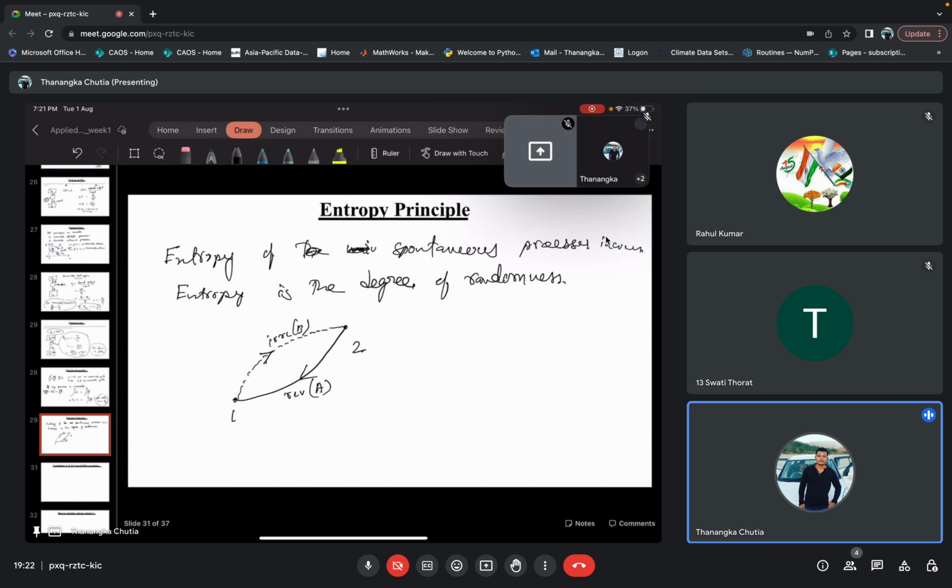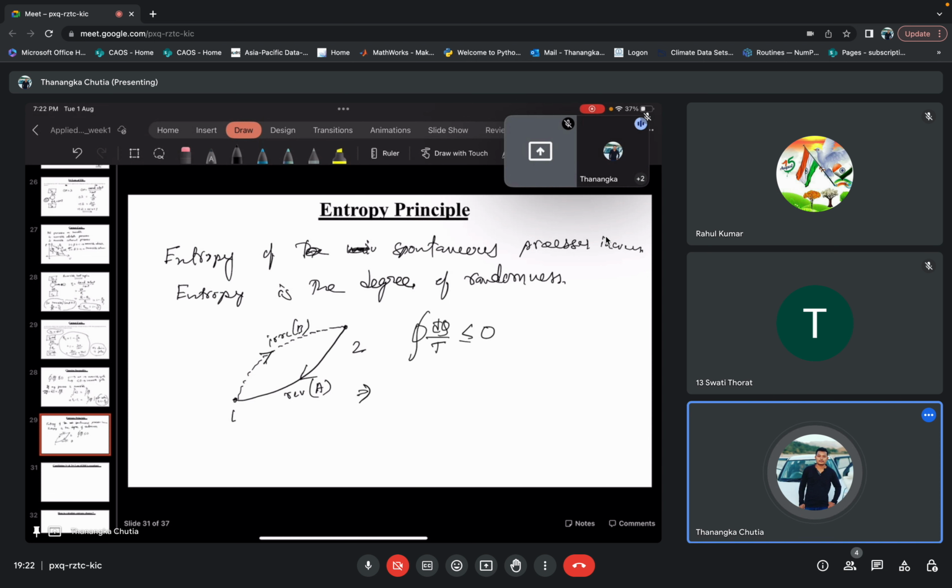Now from the Clausius inequality, what we can write is the cyclic integral of dQ by T is less than or equal to 0. I am just putting the entire thing, considering it as reversible or irreversible, since I don't know whether the entire cycle is reversible or irreversible.